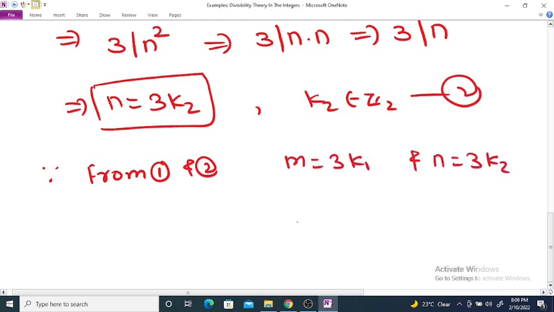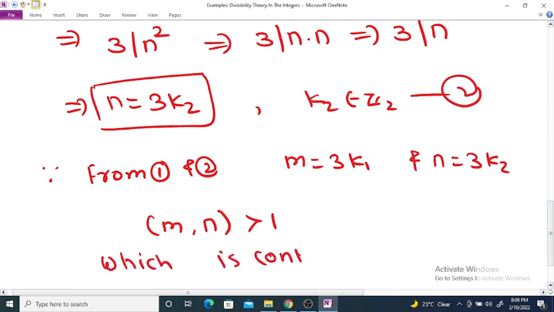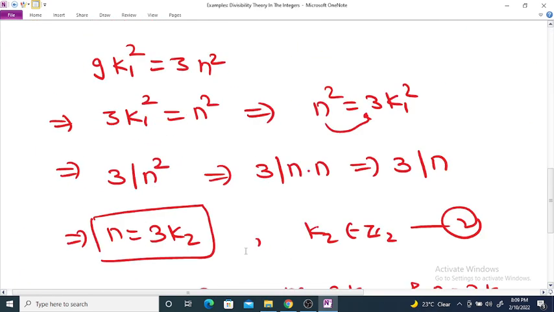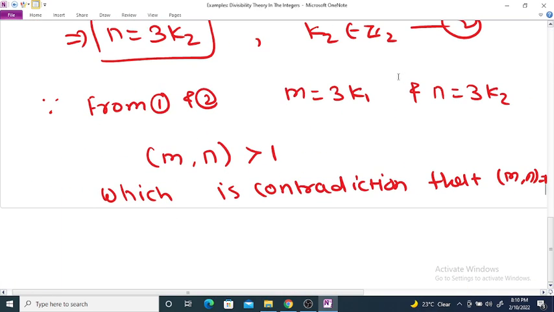Since m is equal to 3k1 and n is equal to 3k2, we get GCD of m and n should be greater than or equal to 3, which is a contradiction. We assumed GCD of m and n is equal to 1, that is, it is an irreducible fraction here, but we got GCD of m and n greater than 1 because there exists a common factor 3 for m and n, which is greater than 1, and therefore GCD is greater than 1, which is a contradiction.